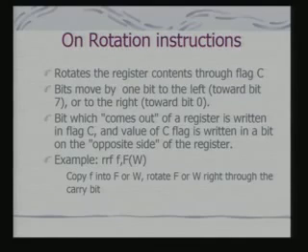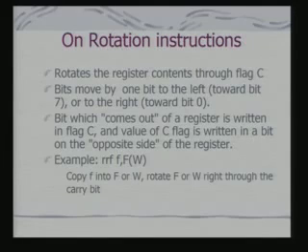The bit which comes out of a register is written into flag C, and the value of C flag is written in a bit on the opposite side of the target register. That means that original content of C now becomes what? The least significant bit or the most significant bit of the target register.